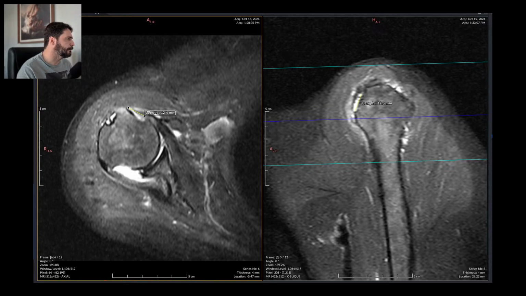Complete rupture of the biceps and partial of the subscapularis.